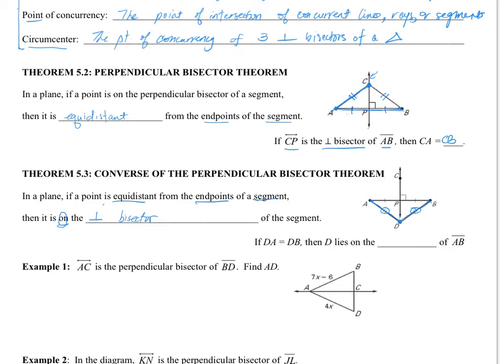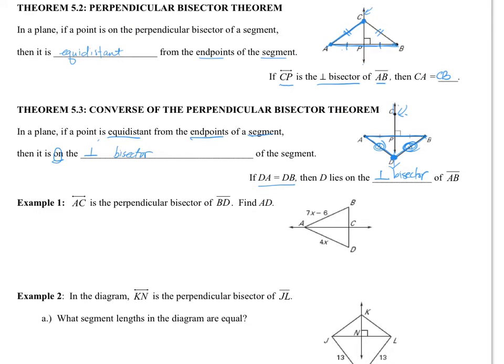So if I extend line CP to include point D, this theorem wants to let you know that D will be located on this line. So again, if DA is equal to DB, then point D lies on the perpendicular bisector of segment AB.